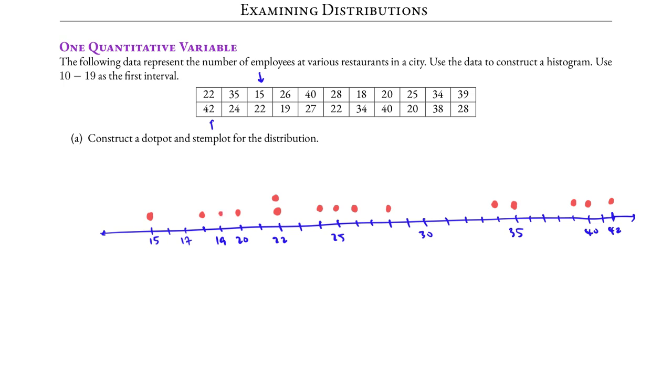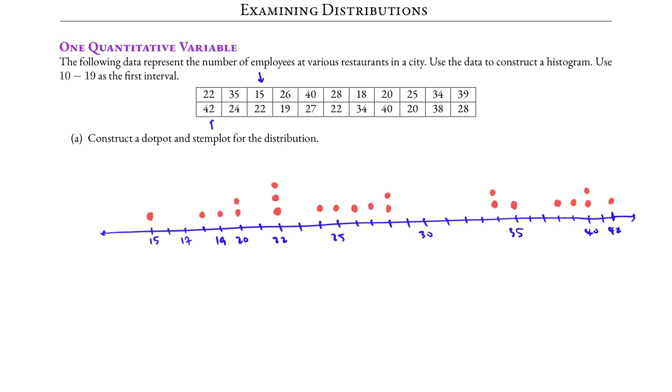Next, 19, 27, and 22, another 22. So there should be three dots stacked up vertically on 22. 34, there are two 34s stacked up vertically. 40, there are two 40s now. 20, there are two 20s now. 38, and then 28.